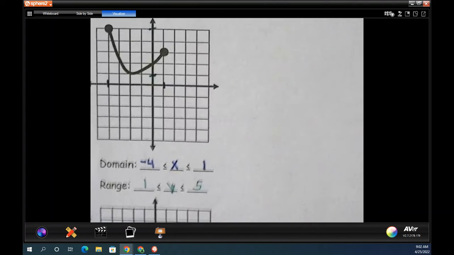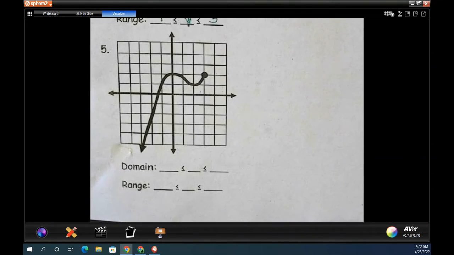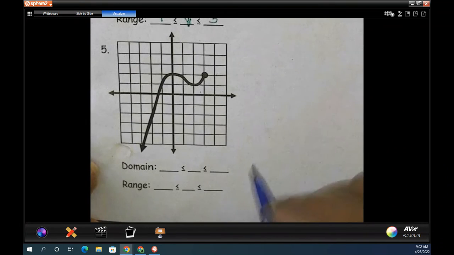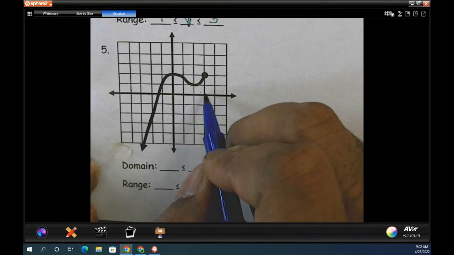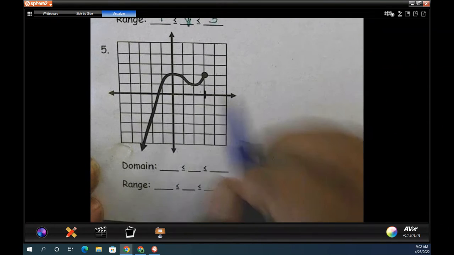Number 5. I'm going to do that one too, because that's different. All right, here's the deal. The domain, I see the arrow. So that means it's going to go on forever.